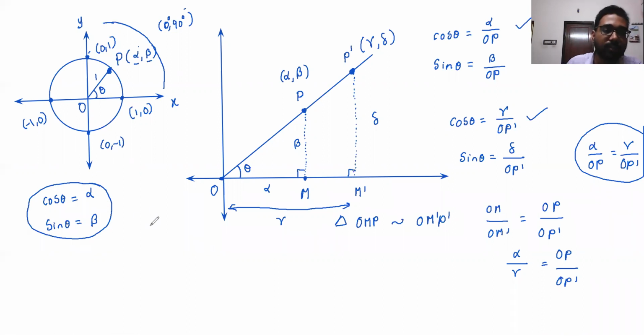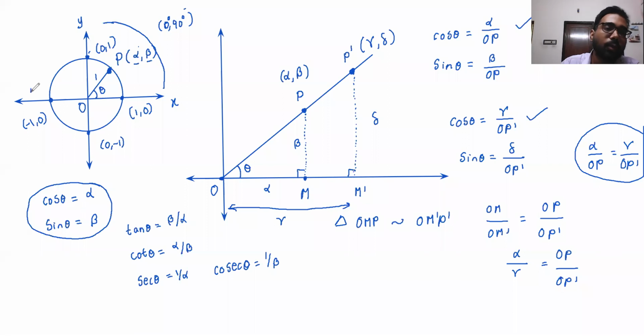Tan theta is the ratio beta upon alpha, cot theta is alpha upon beta, and secant theta is 1 upon alpha, cosecant theta is 1 upon beta, because the radius is 1 unit. So in the first quadrant all are positive because alpha and beta are positive.